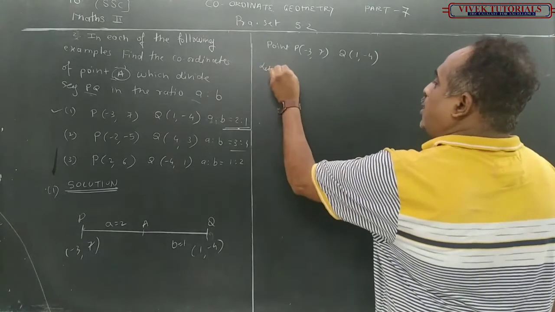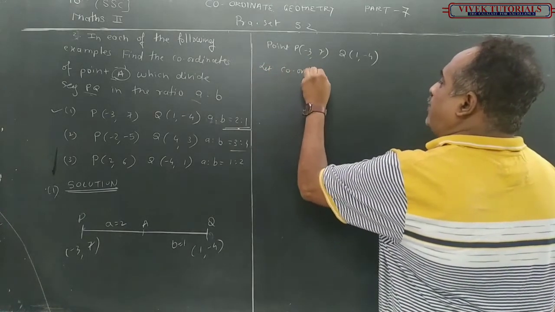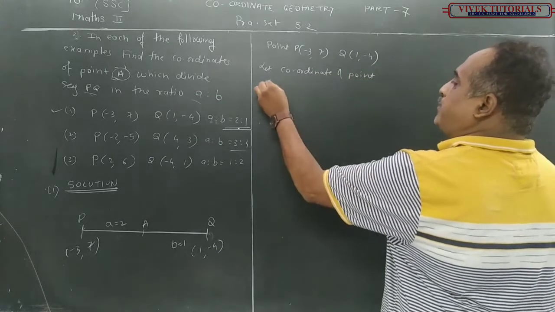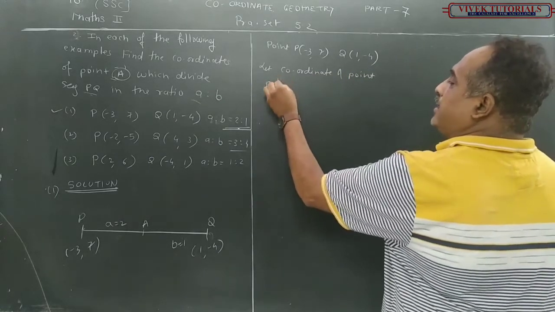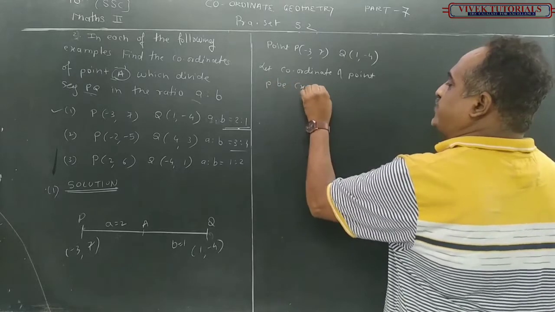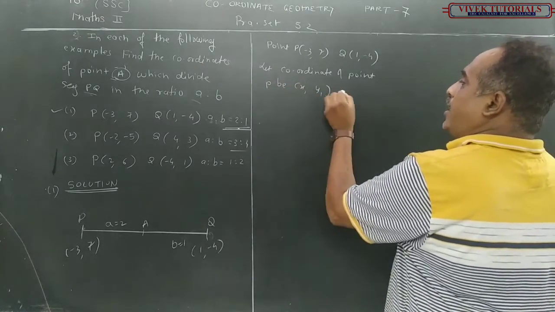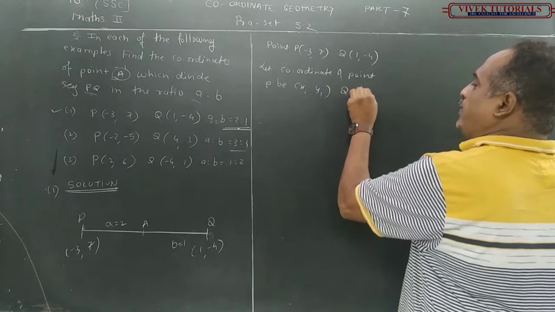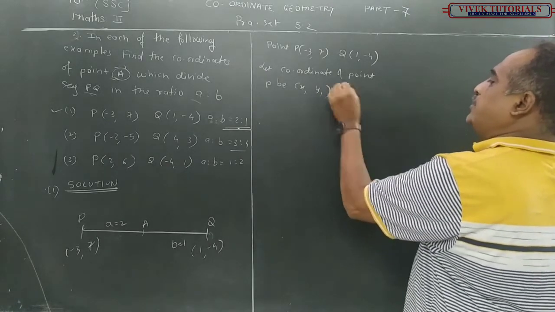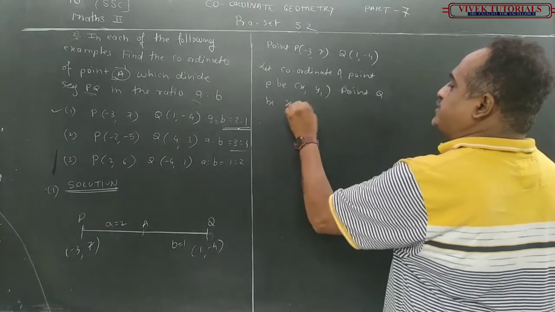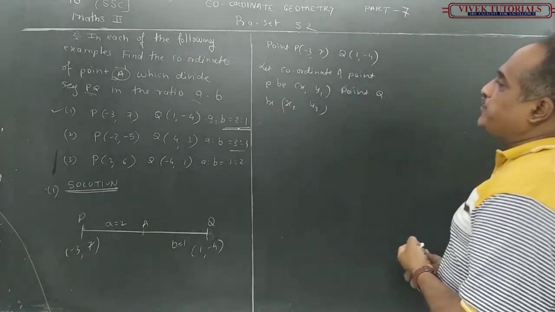Let the coordinates of point P be x1, y1, and point Q be x2, y2.